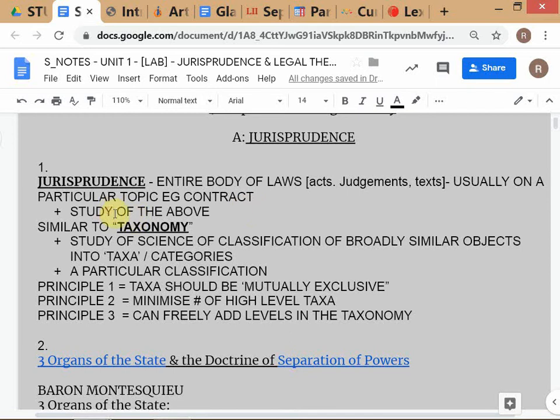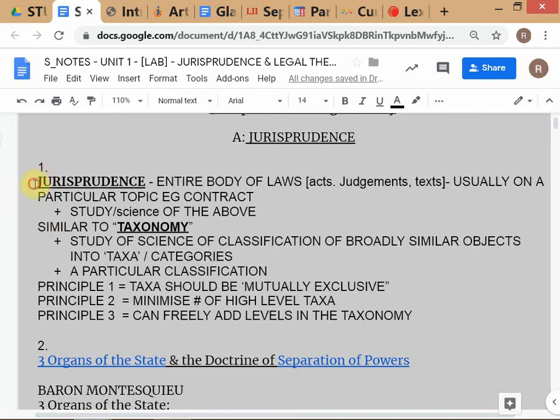Science is used in a loose sense, not in the sense of physics and chemistry, because law is not really a science in that sense, right? But study or science or the philosophy of how the body of law should develop. So the same word is used in two senses, and you have to understand what sense it's being used in. All right, is this clear?